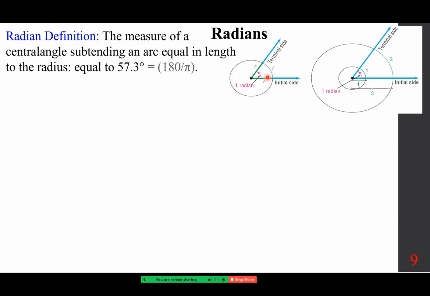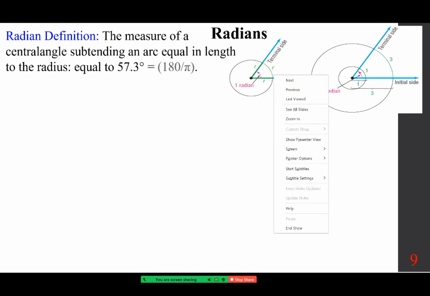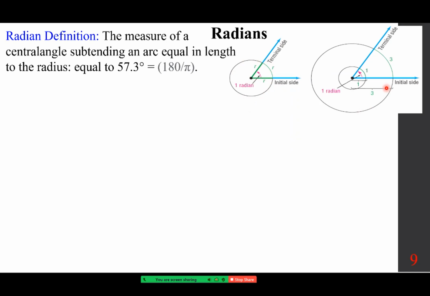with any radius, this arc length that has the same length as the radius, or if you look at the larger one, this arc length happened to be 3, the radius happened to be 3.